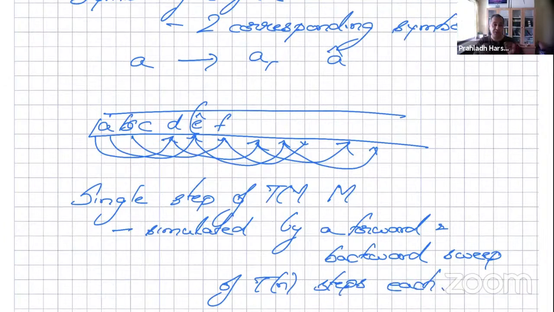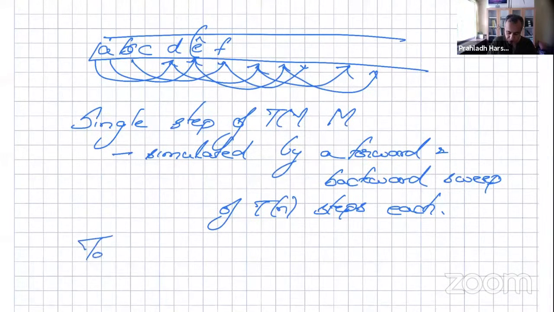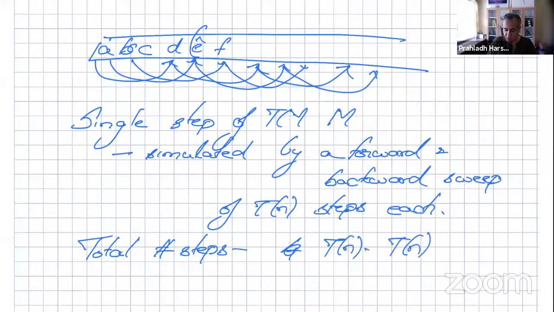So a single step just blows up into Tn. Therefore, the total number of steps is Tn times this Tn. There's some extra constant, so it's roughly like T squared steps; the entire execution is going to take quadratic growth. Okay.